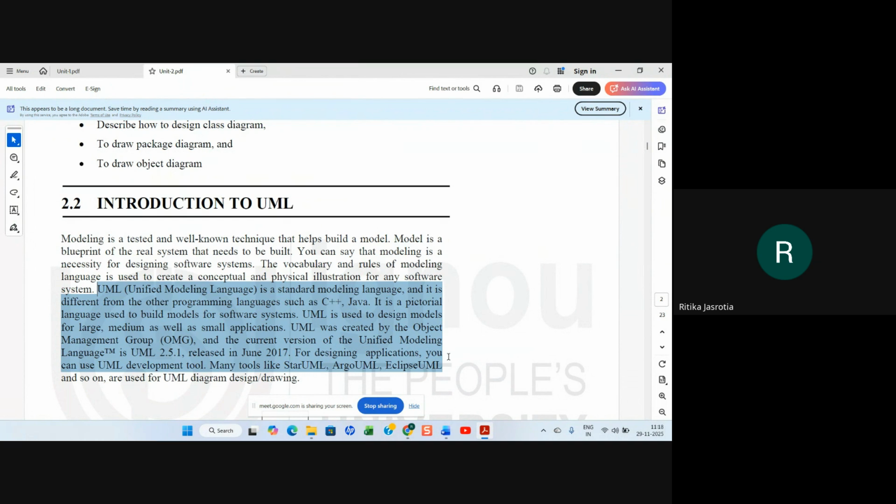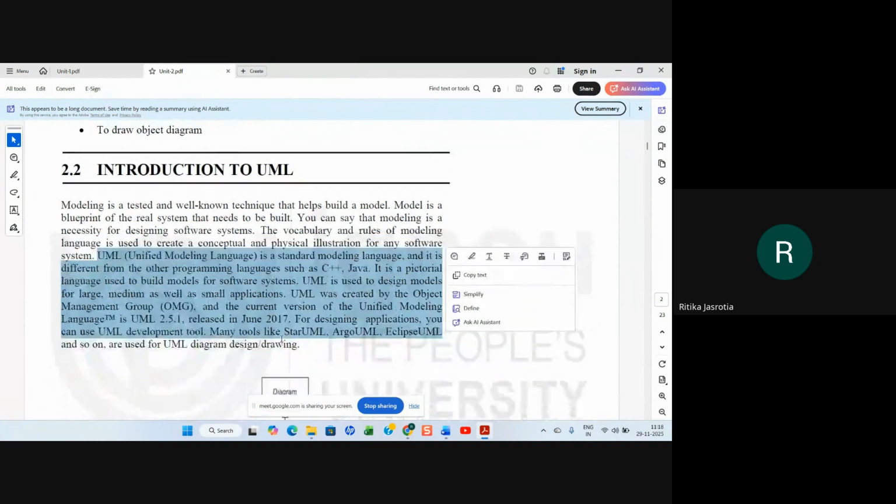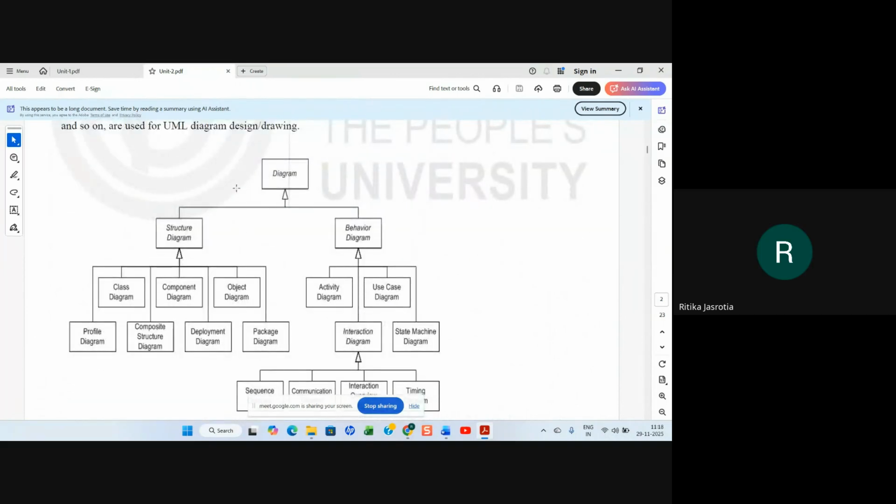If you want to give the version or not, that is not required. For designing applications, you can use UML tools. Okay, that is there. This is the hierarchy diagram. Here you will write UML diagrams, and there are two types of diagrams: structure diagram and behavioral diagram.